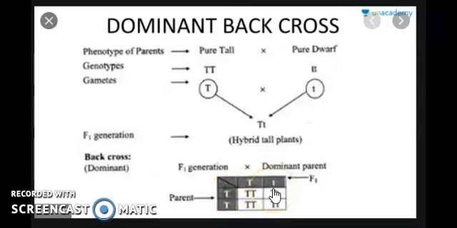Therefore, all the F2 plants will have capital T in their genotype, as capital T capital T and capital T small t, and the individuals will be tall. This cross will produce all tall, but 50% are pure tall and 50% are hybrid tall.